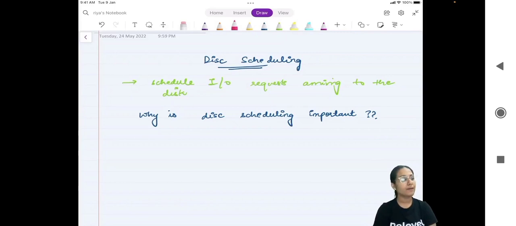The second purpose is that two or more requests may be very far from each other, and this can result in greater disk arm movement. So proper disk scheduling is required.